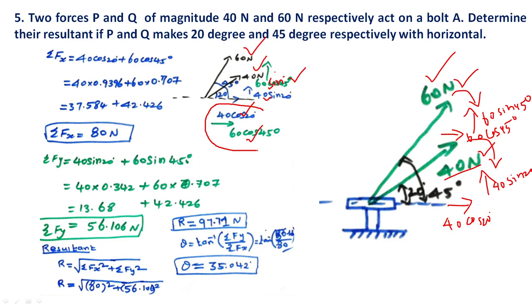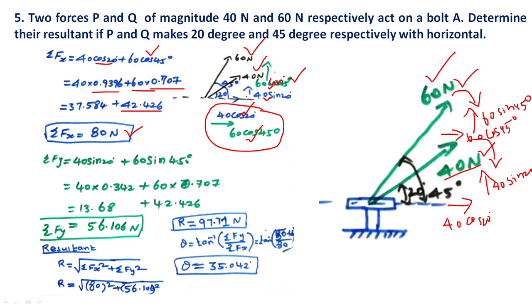So 40 cos 20 plus 60 cos 45. 40 into cos 20 is 0.9396, and 60 into cos 45 is 0.707. So 40 into 0.9396 is 37.584, plus 42.426. The total sum of horizontal force is 80 Newton.